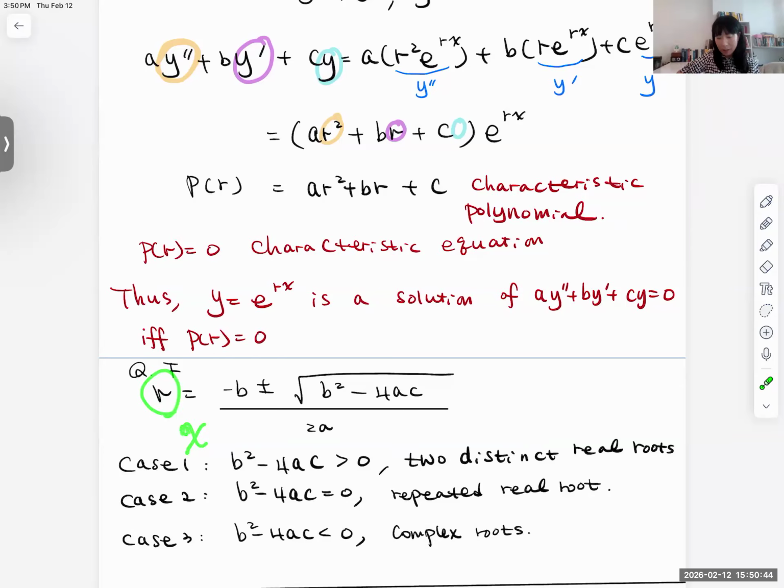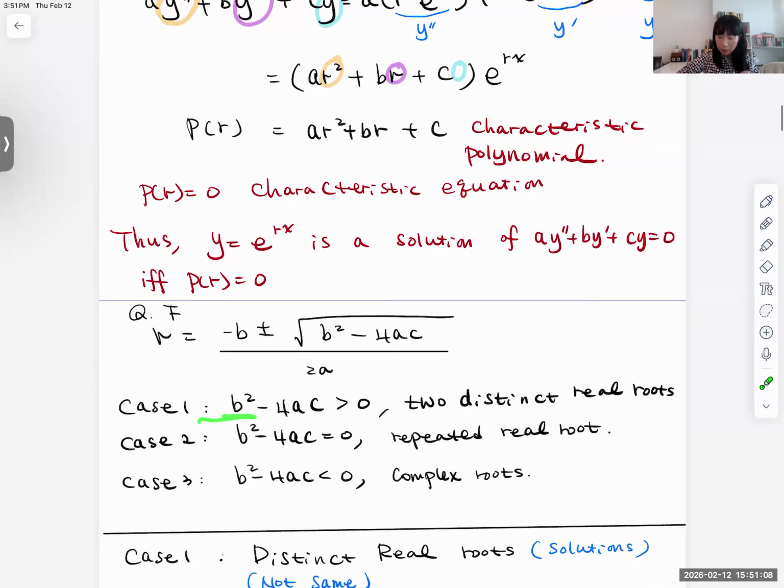How do we find the solution, which in this case is the root? r equals minus b plus or minus the square root of b squared minus 4ac, over 2a. Then we have three cases.